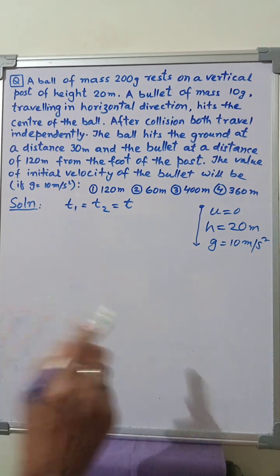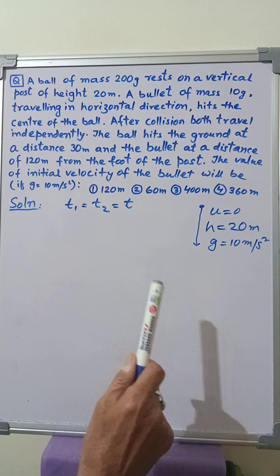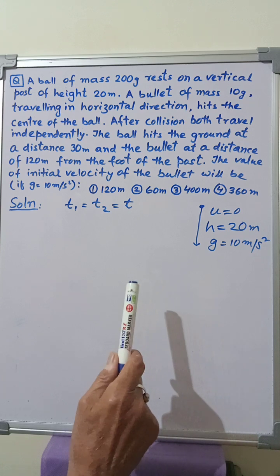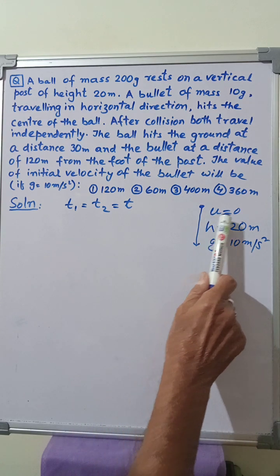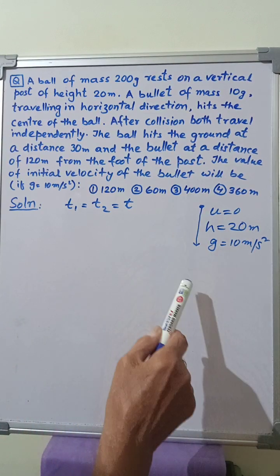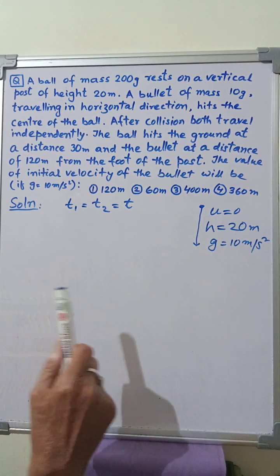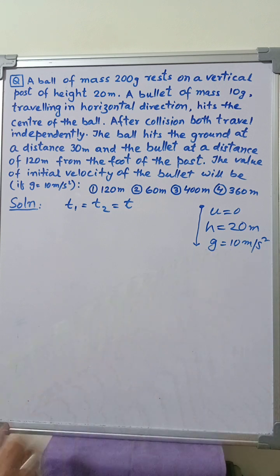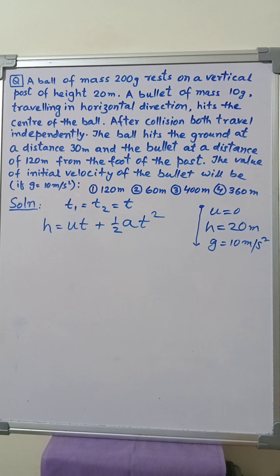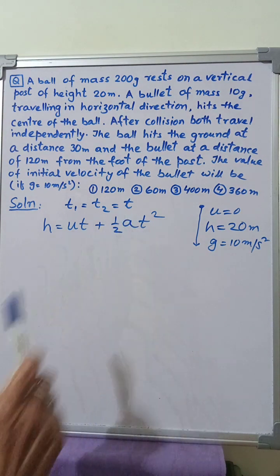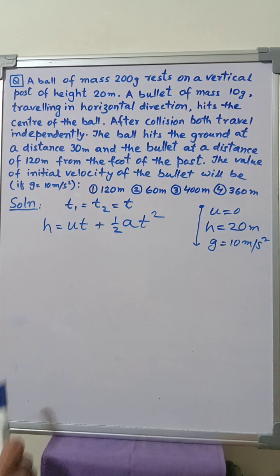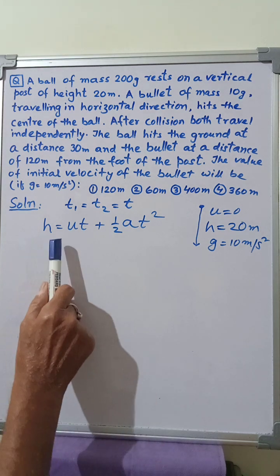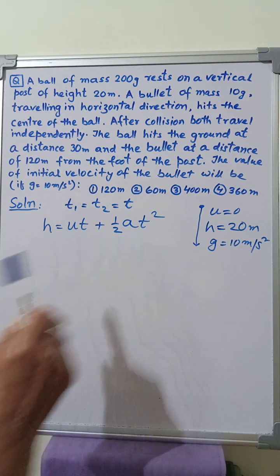Now, for the vertically downward motion for both the ball and the bullet, we have initial velocity u is equal to 0, height of fall h is equal to 20 meters, and acceleration is equal to acceleration due to gravity, which is equal to 10 meters per second square. We wish to find the value of time t. So we'll be using the equation h is equal to ut plus half at square.